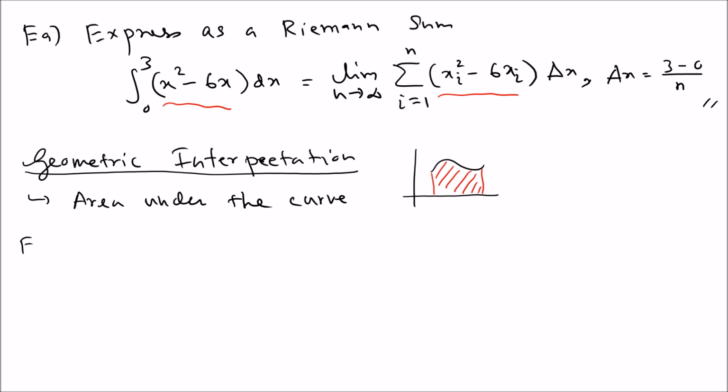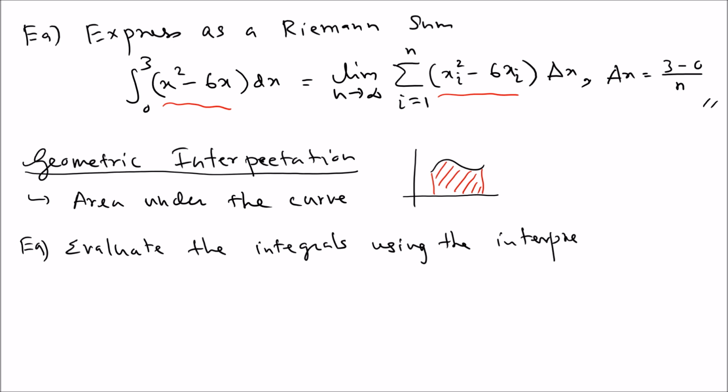Okay, good. So we can use that fact to find certain integrals. Let's look at a problem like this. Evaluate the integrals using the interpretation. The goal is to use the interpretation.